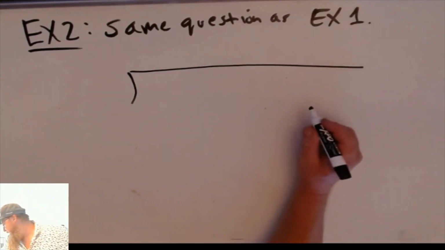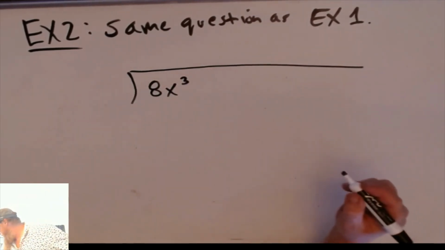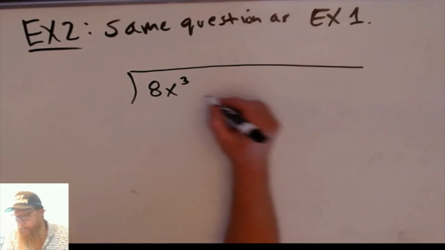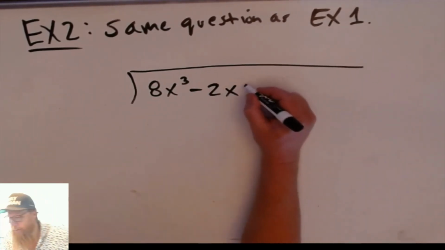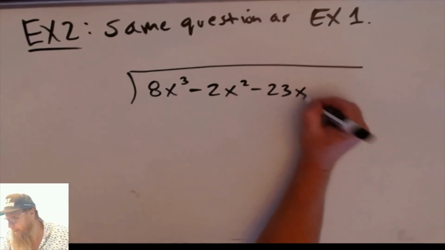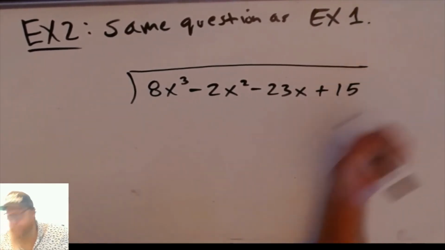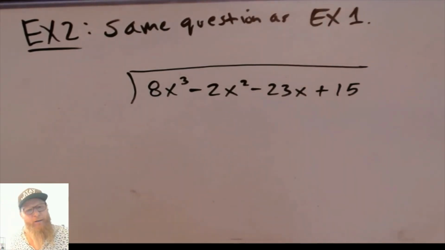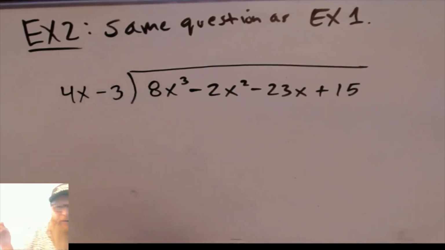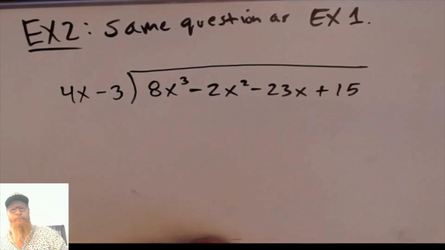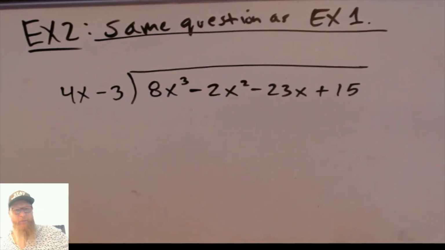So I have 8x cubed minus 2x squared minus 23x plus 15. So that's the numerator, or the dividend, divided by 4x minus 3. Now I can just get right to work without having to rewrite it a second time.